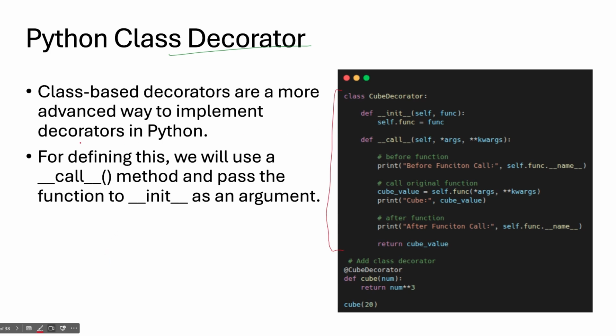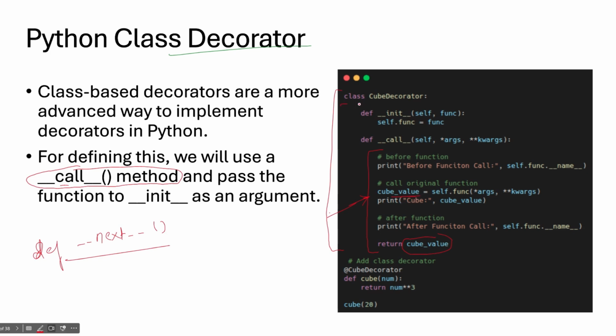In this case, you have to use a method called __call__, just like in an iterator we were using one method named __next__. Here we are using __call__. This call will have the whole logic that you write in the function.